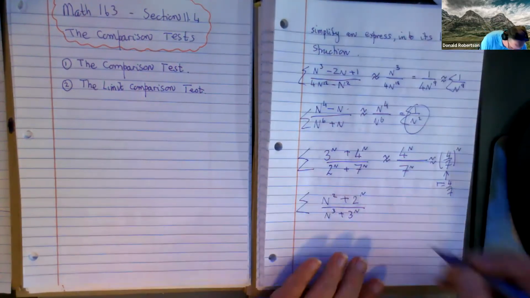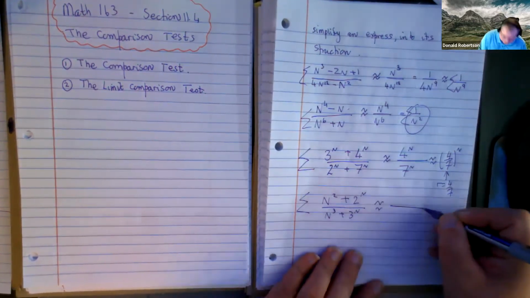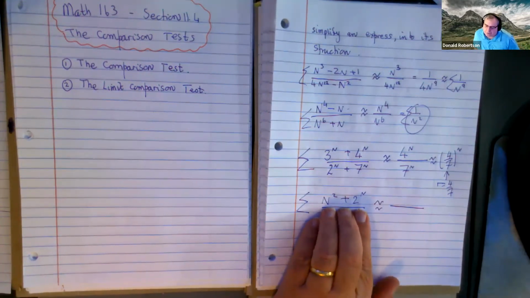Suppose you get a guy that looks like that. Only one of those two belongs on the top. And the one that belongs on the top is the bigger. N squared or 2 to the n. Well, think of a number like a million. A million squared or 2 to the power of a million. Who's going to win that battle? Who's going to be bigger? Well, just do 10. 10 squared or 2 to the power of 10.